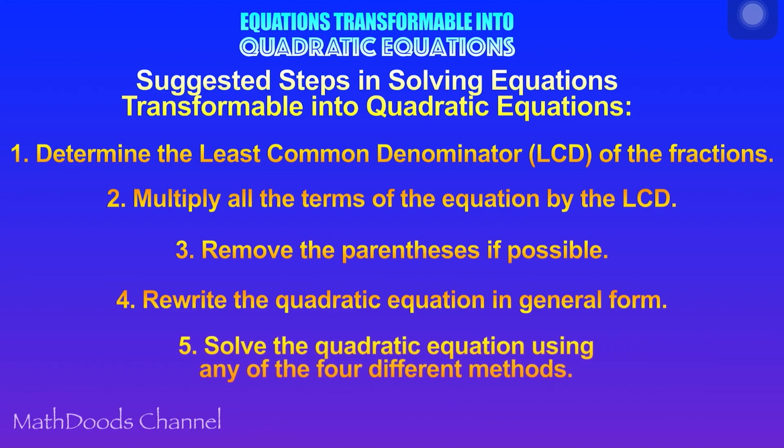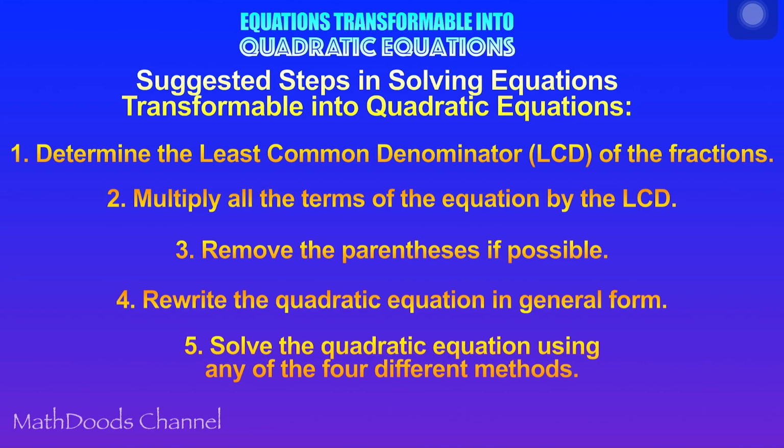And then, solve the quadratic equation using any of the 4 different methods. Ito yung 4 na methods, no? Diniscuss natin to isa-isa. Una ay extracting square root. Pangalawa ay completing the squares. Pangatlo ay by factoring. Pang-apat ay by the quadratic formula. So, any of the 4 pwede mong gamitin para masolve mo yung naging quadratic equation na galing sa rational equation.